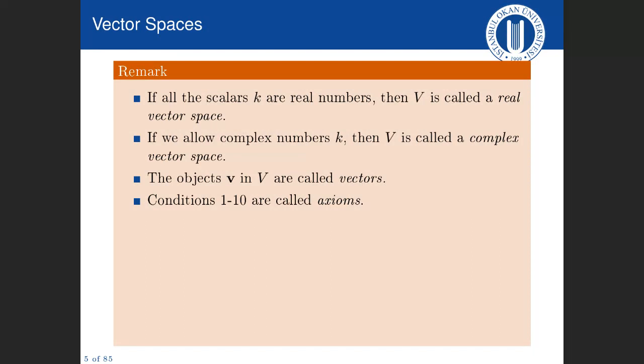If all the scalars that we're considering are real numbers, then we say that V is a real vector space. If instead we allowed some complex numbers k, then we would have a complex vector space. The objects in our vector space are called vectors, and these 10 conditions or these 10 rules are called axioms.